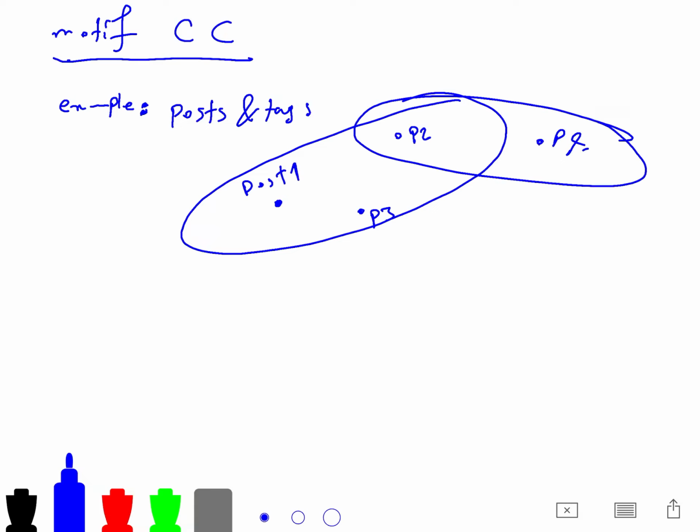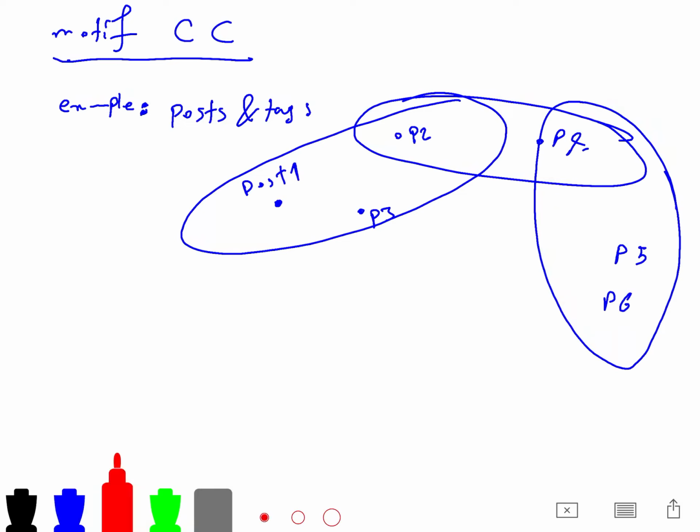It's like an ordinary edge because it consists of only 2 vertices. Also, you may have post 5 and post 6, so this can be another hyperedge. In these hyperedges, all of the vertices inside correspond to the tag machine learning, tag ML.